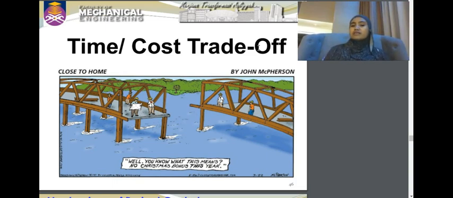Should we, for example, shorten the project time, but then the cost increases, or we may reduce the cost, but the product or the services might be very poor. So how those trade-offs work is very important, and we're going to discuss it in this module.